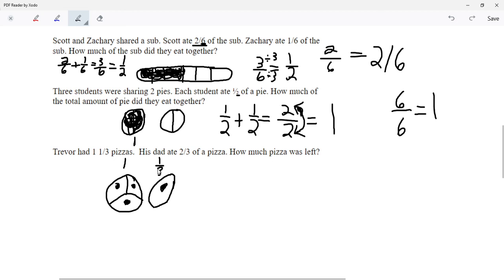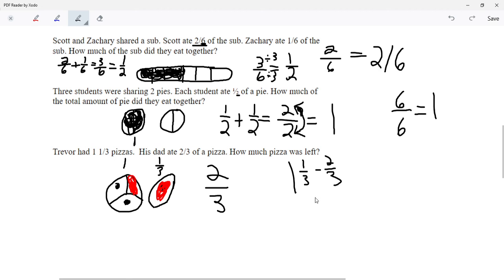Imagine that's 1/3 of a pizza. So now we have 1 1/3, and now his dad ate 2/3. So if his dad ate 2/3, let's just put in red what his dad ate, how much pizza was left? So there are, right here, 1, 2 thirds left. There's 2/3. So 1 1/3 minus 2/3.